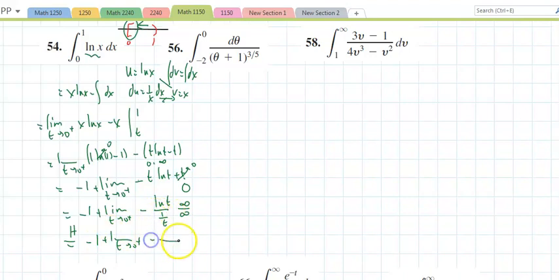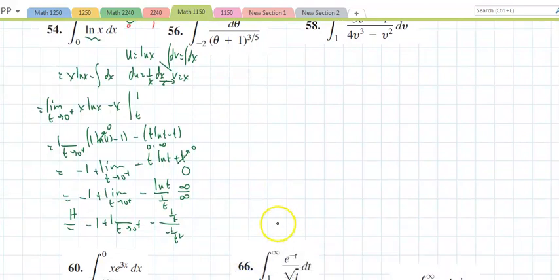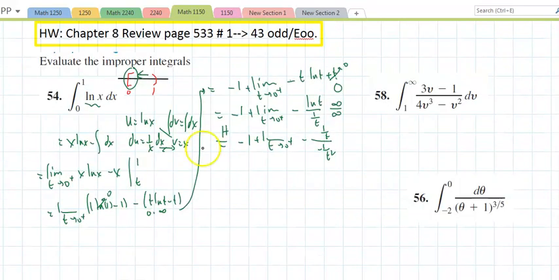And this will be 1 over t and negative 1 over t squared. I'm going to rearrange those, so I move that up there so I can see it better.